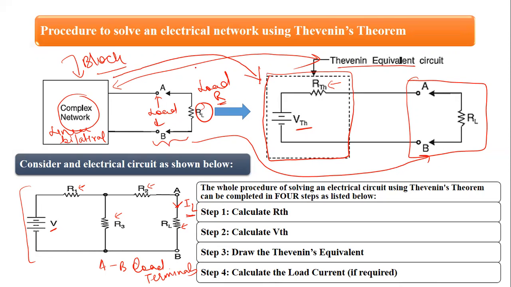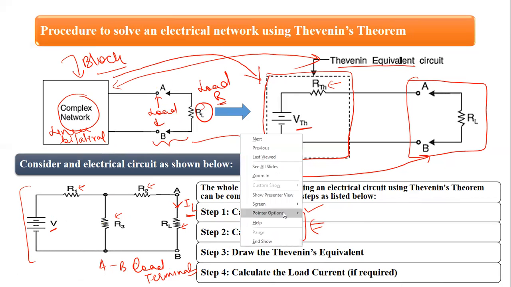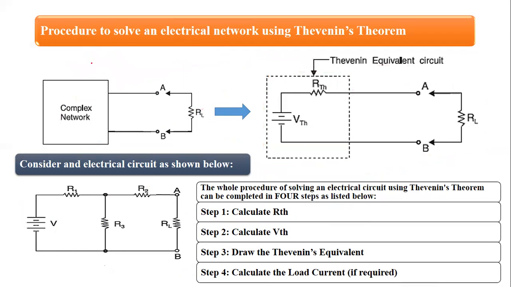Okay, so this whole theorem can be implemented on a given electric circuit in 4 steps. The step one is that we need two circuit parameters, two Thevenin parameters, from the network as given here. So let us come back to this circuit.